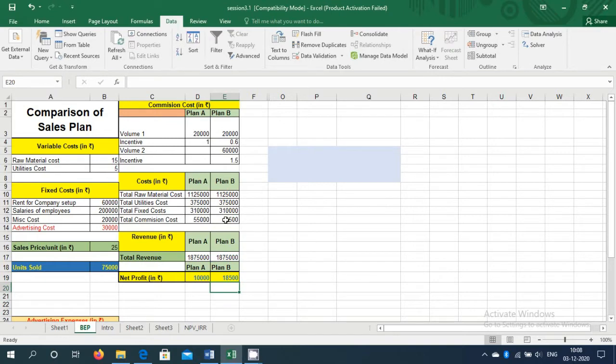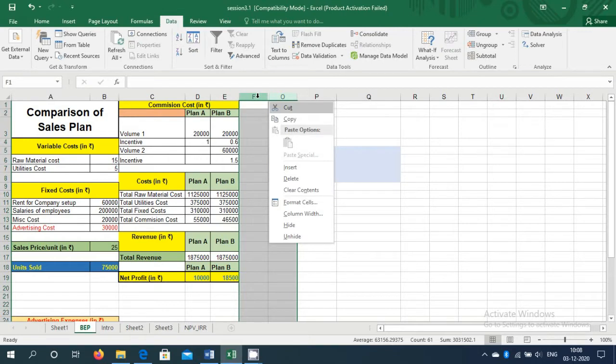This way I find out the net profit of plan A and plan B. Now, before elaborating, just a brief about how exactly this one is coming.